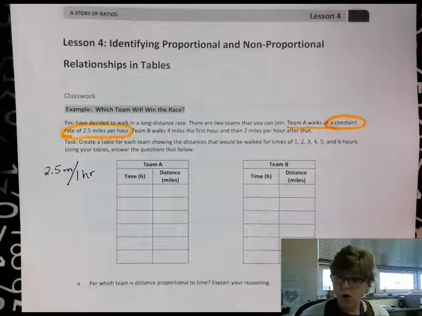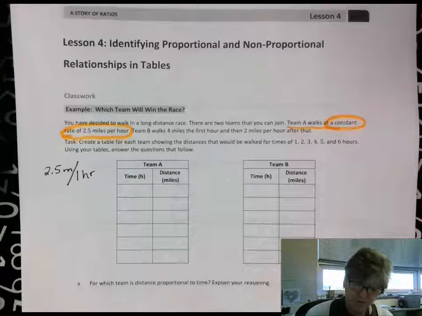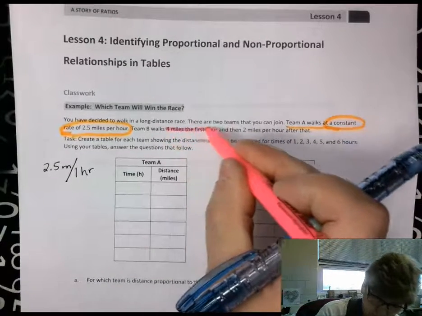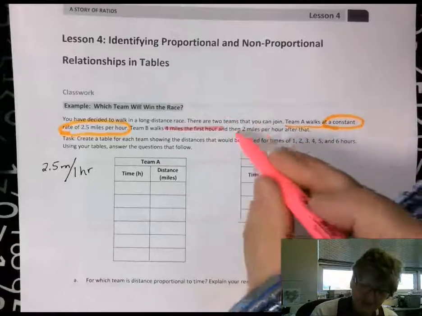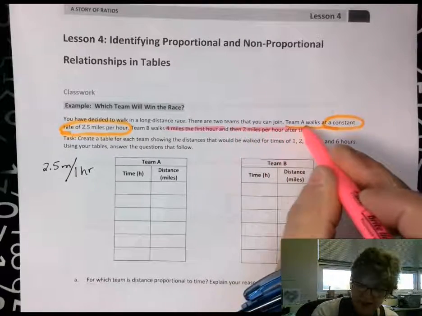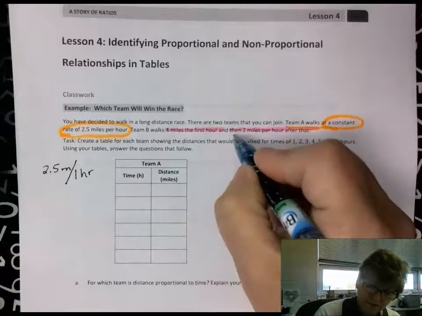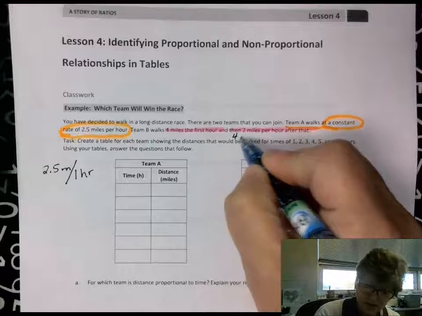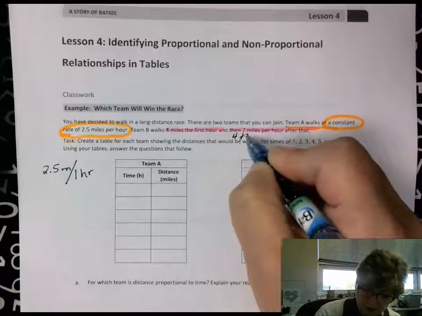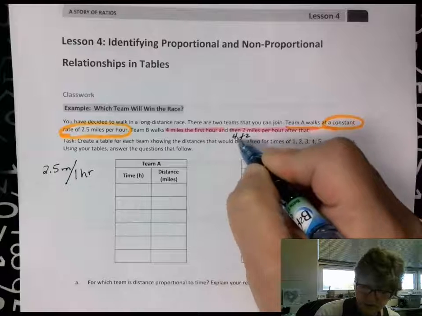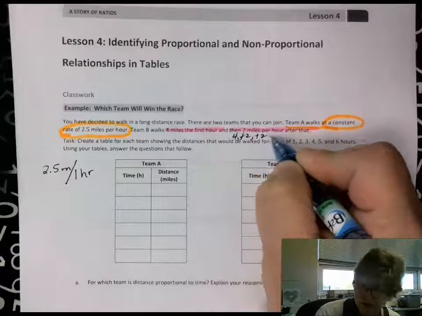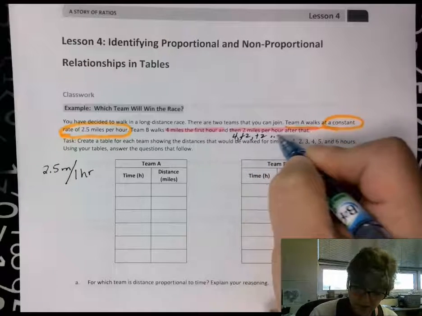Team B walks 4 miles the first hour and then 2 more each additional hour. So that's 4 for the first and then plus 2 and plus 2 again, and so on and so on.